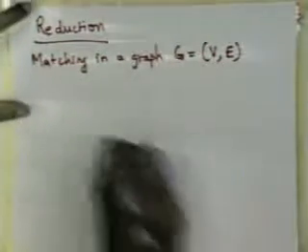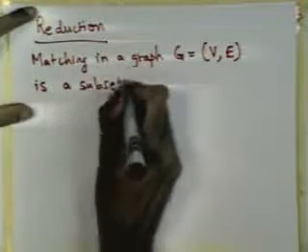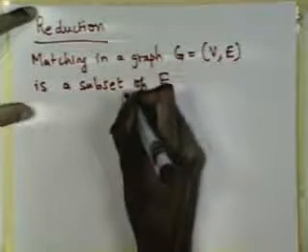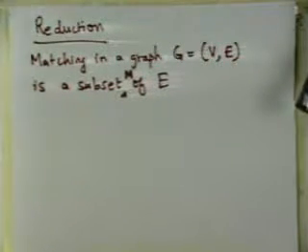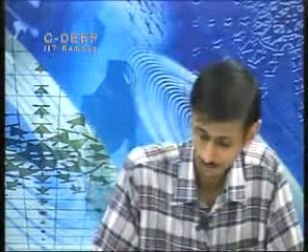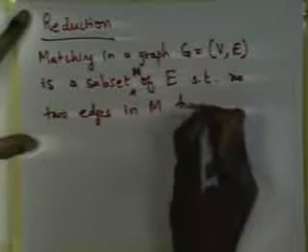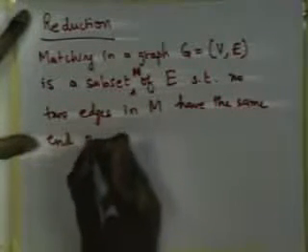A matching in a graph is a subset of the edge set, a subset of E. Let me call this M. The subset M of E such that no two edges in M have the same endpoint.